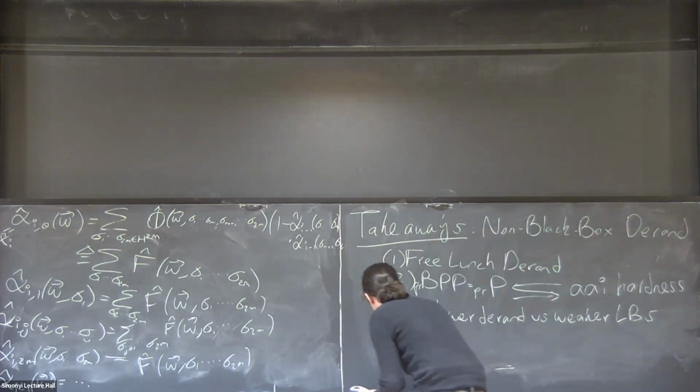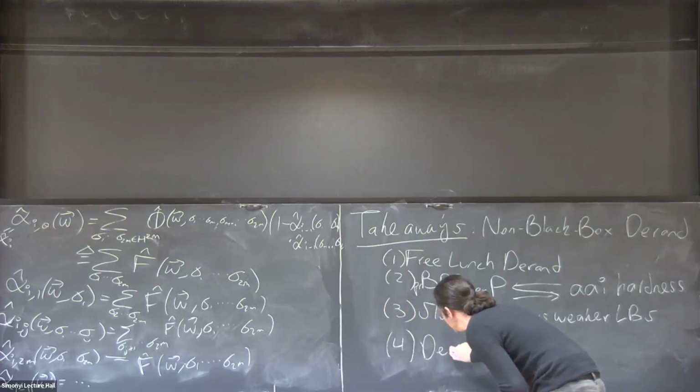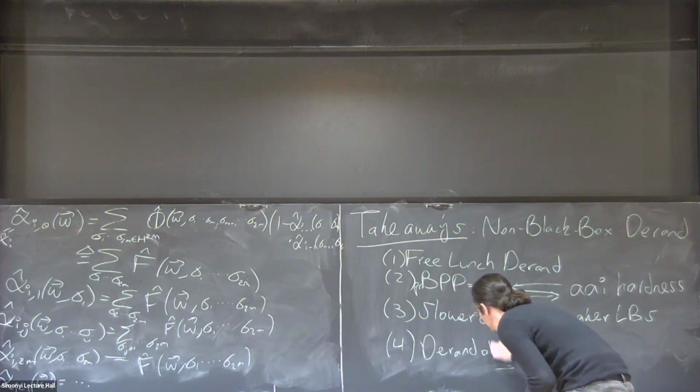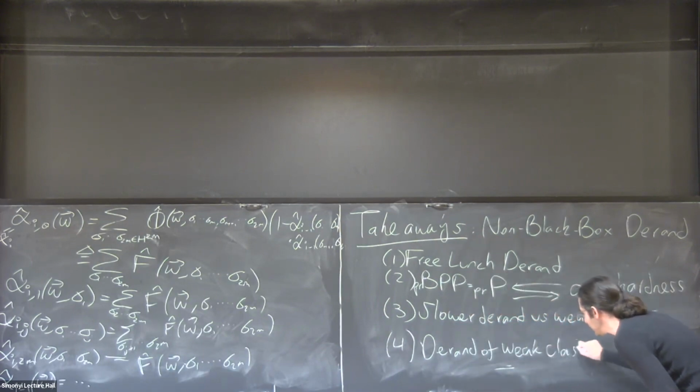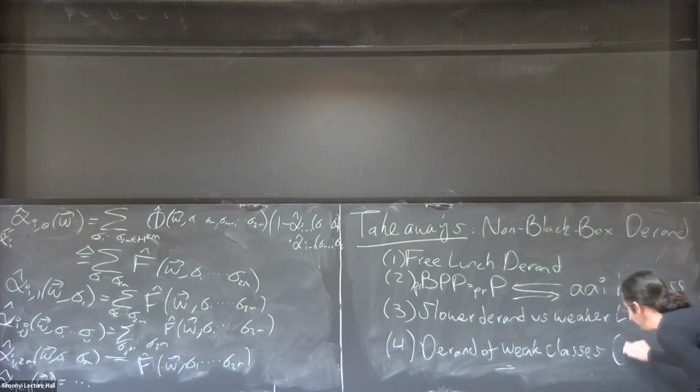And derandomization of weak classes of algorithms, for example of NC circuits. When we work here with weak classes of algorithms, we are also able to significantly narrow the gap between the sufficient hypothesis and the necessary one.